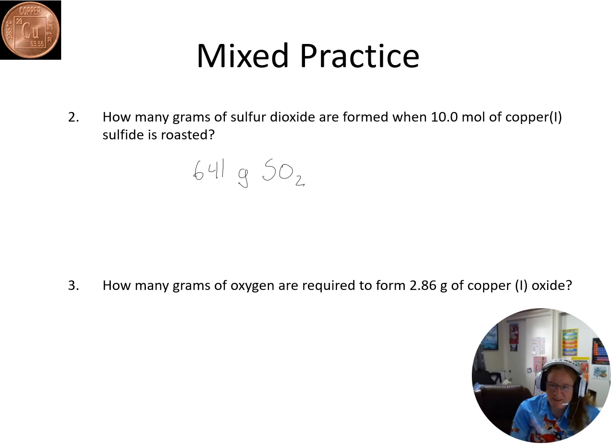And then the last one, this one's in normal grams to grams. So grams of copper 1 oxide to moles, and then moles of copper 1 oxide to moles of oxygen, and then moles of oxygen to grams. And you should get 0.959 grams of oxygen, okay?